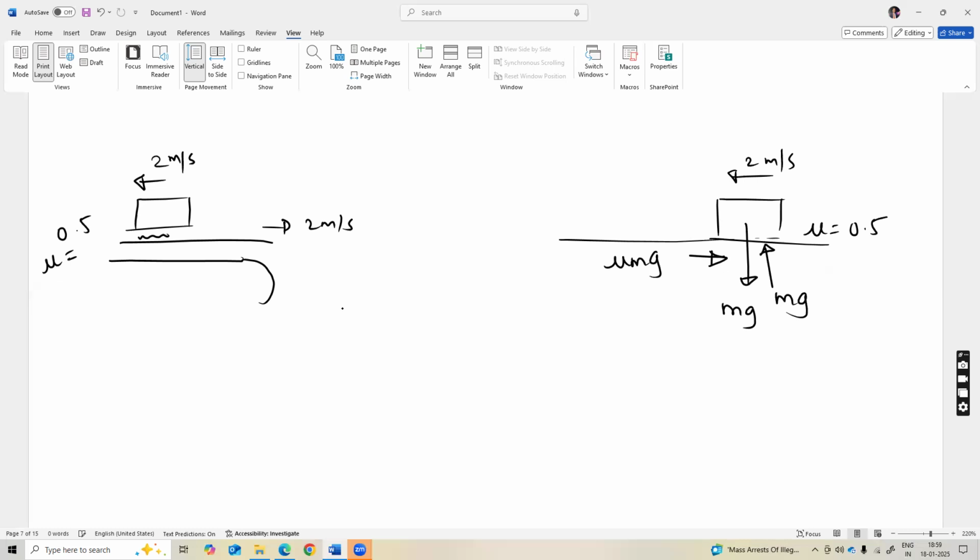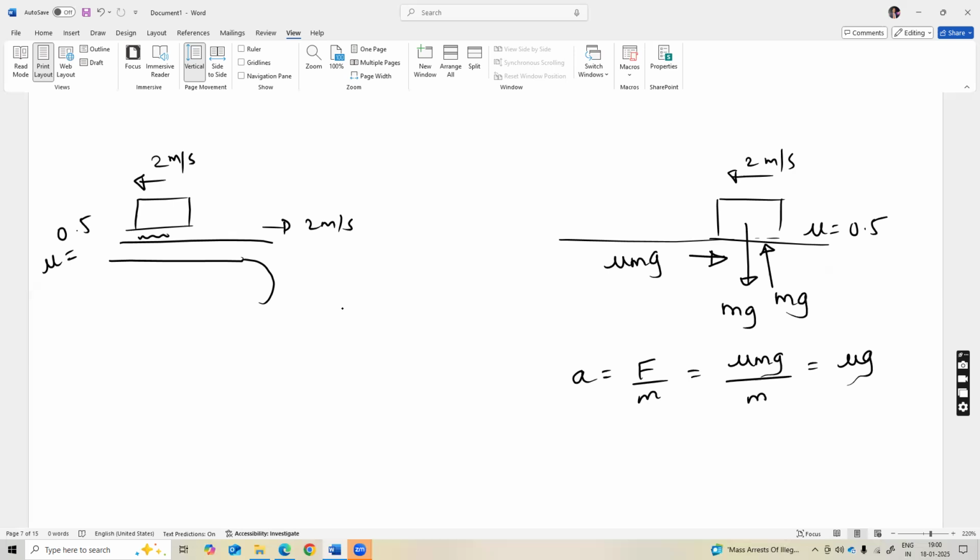So the force acting on this block is mu mg in the rightward direction. Mass is known, so acceleration is force upon mass, mu mg divided by m, which equals mu g. So mu g is the acceleration of the object in the opposite direction.